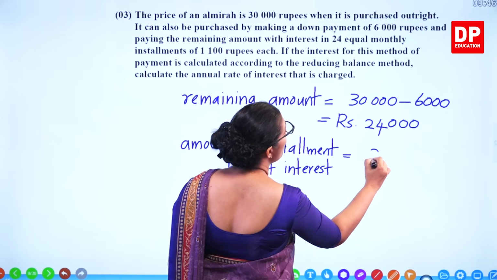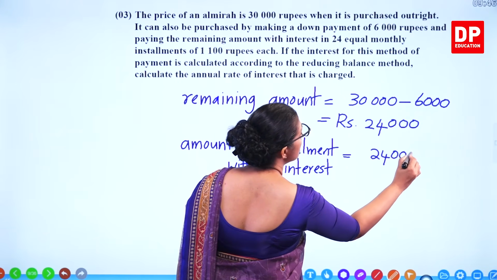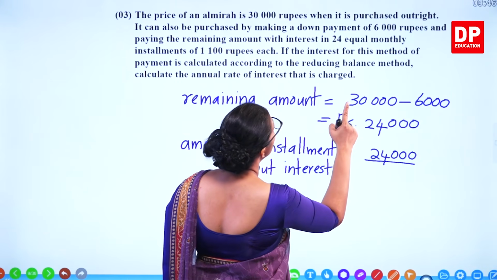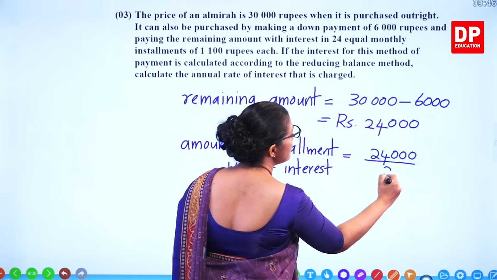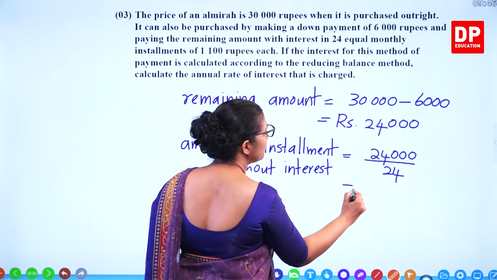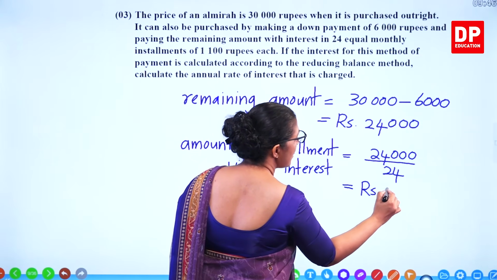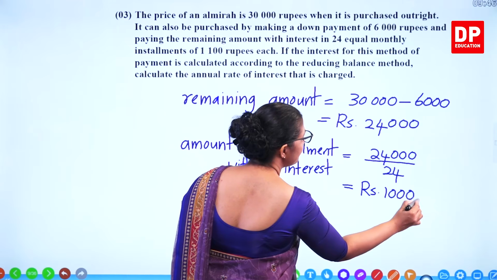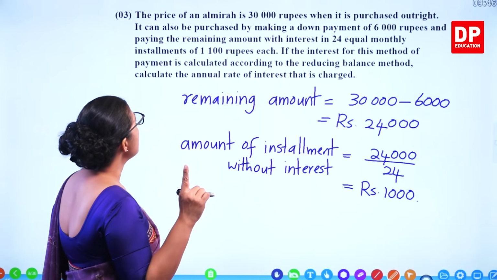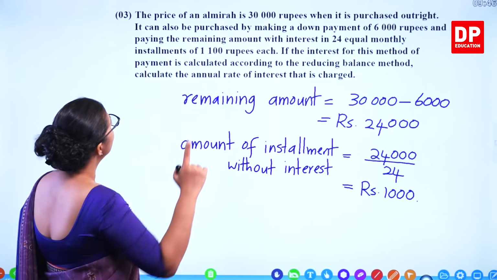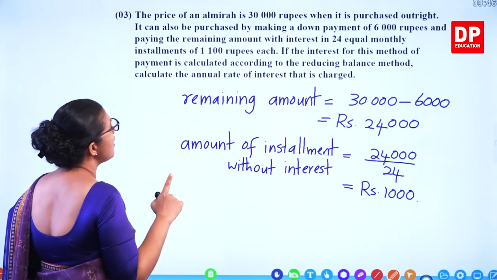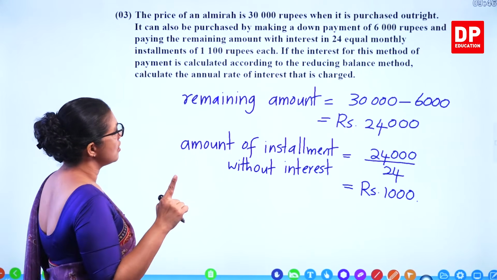So 24,000 divided by 24 equal monthly installments. Divide by 24. So you have to pay 1,000 rupees. But it says this person paid 1,100 rupees each.